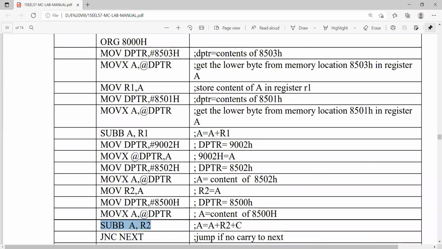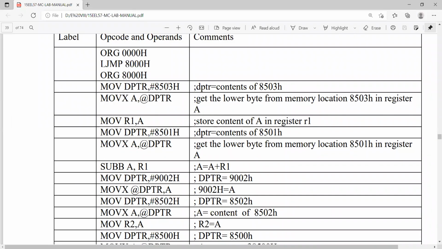So the first data at 8503, you can transfer to the accumulator. That is, get the lower byte of the first data from 8503H, and transfer it to R1. But where is the lower byte of the second data? That is 8501.